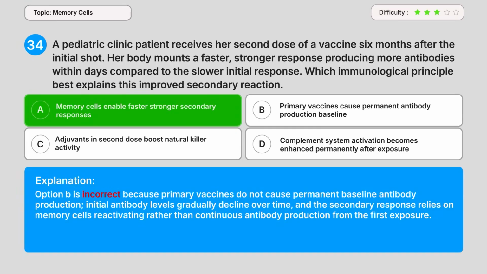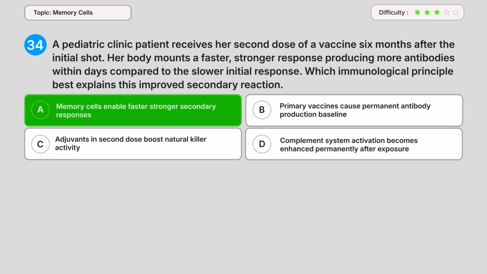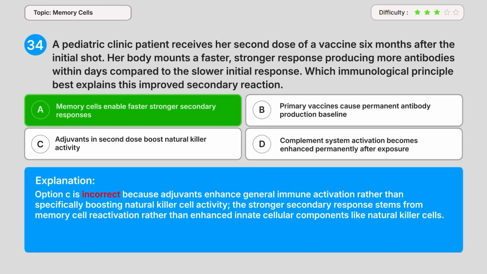Option B is incorrect, because primary vaccines do not cause permanent baseline antibody production. Initial antibody levels gradually decline over time, and the secondary response relies on memory cells reactivating rather than continuous antibody production from the first exposure. Option C is incorrect, because adjuvants enhance general immune activation rather than specifically boosting natural killer cell activity.